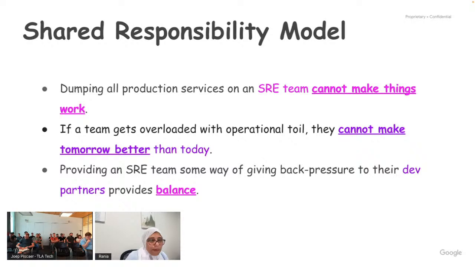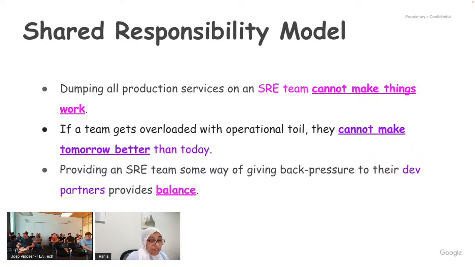Make sure that you have a balance between development and SRE. That's why it is a good practice to involve the development team in operational activities. For example, they are involved in defining the error budget and set their own targets.